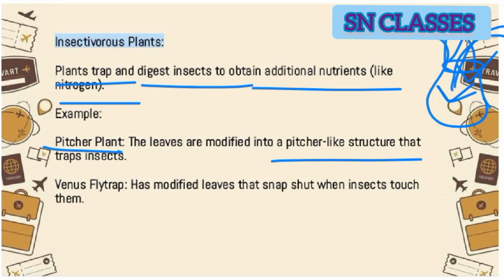Another one is the Venus flytrap, which has modified leaves that snap shut when insects touch them. The Venus flytrap is present in this way. This is a modified leaf, somewhat flattened. After an insect falls on it, the two sides close against each other and it digests the insect.